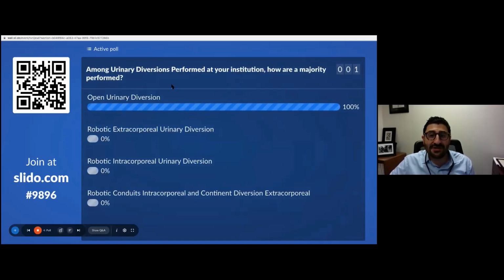Just in terms of urinary diversions performed at your institution, how are they majority performed there? Can you guys, is it working?